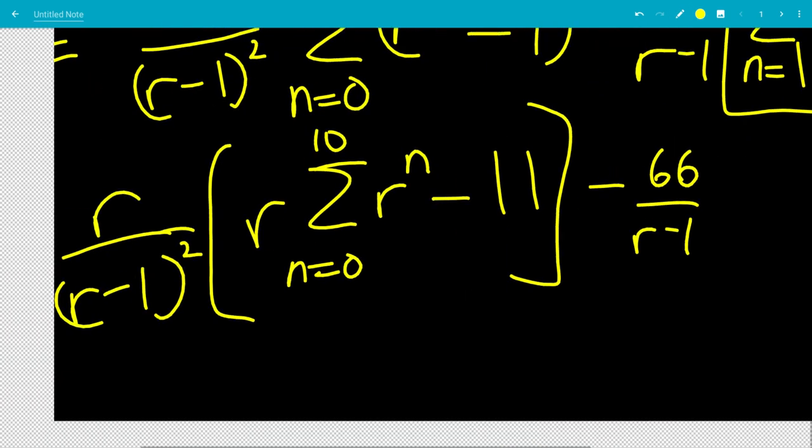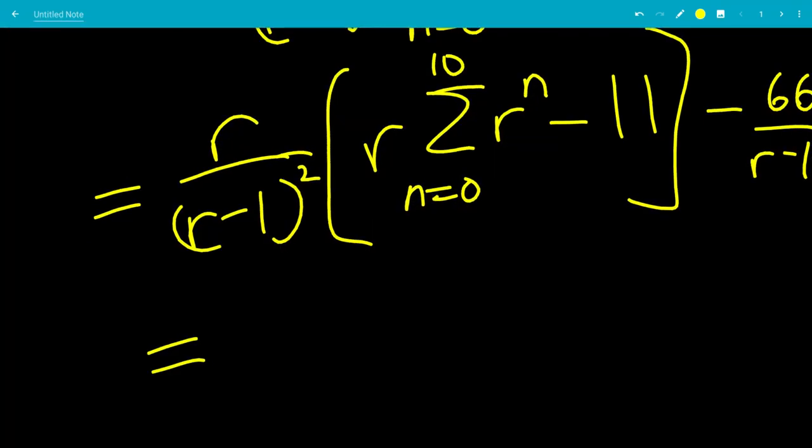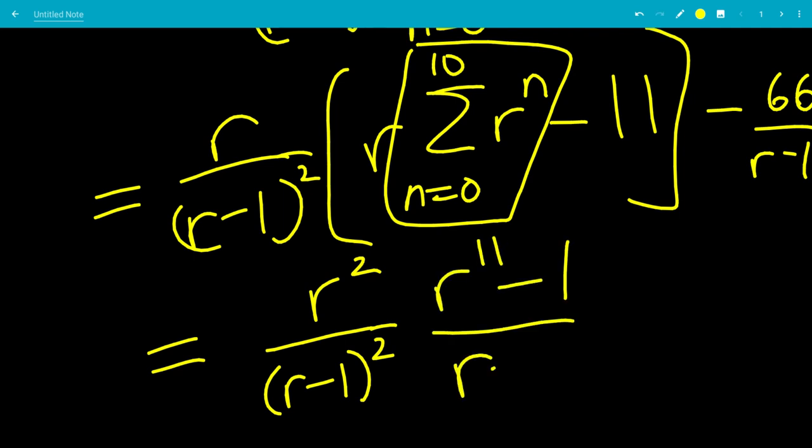Okay, good. So now we're going to have r times r, which is r squared over r minus 1 squared. For this part, how do we do this? Like before, this will be r to the whatever's here plus 1. So this will be r to the 11 minus 1 over r minus 1.